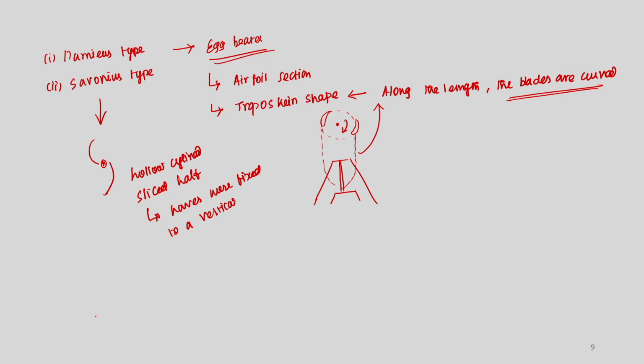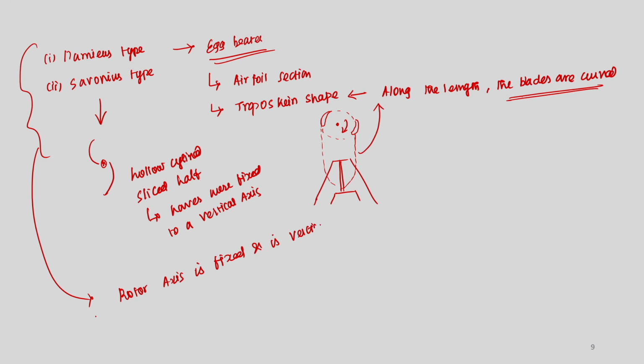So, remember here in the vertical axis machine, the rotor axis is, for both types, fixed, right, and is vertical, and also it is perpendicular to both the surface of the earth as well as the wind stream, unlike horizontal axis machine.